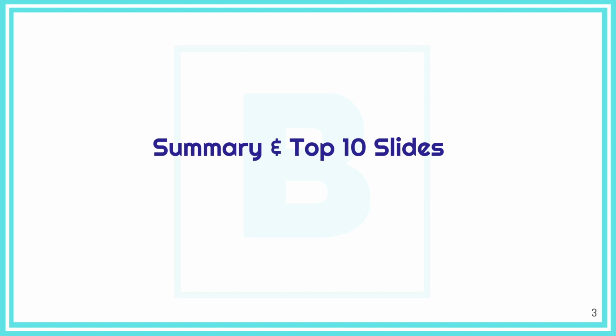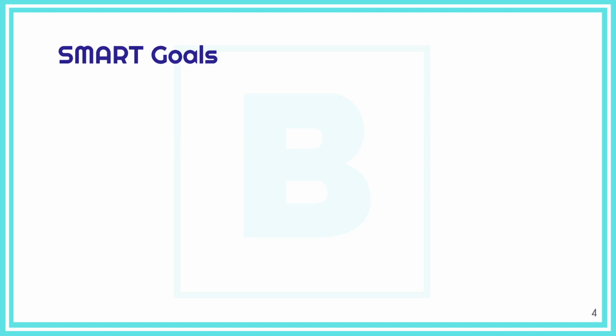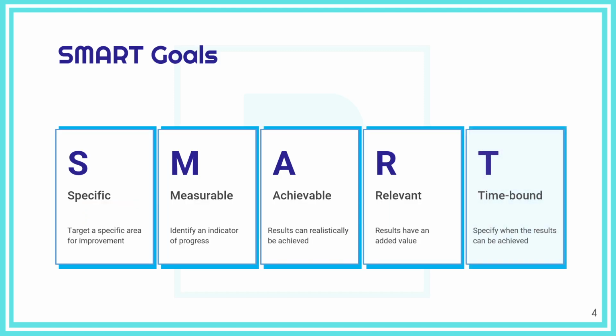So we started the session with chapter 11, assessing project performance. First thing we saw was SMART goals. If you want to make sure your project is in control, make sure that the goals of the project are defined in a SMART way. SMART is an acronym.